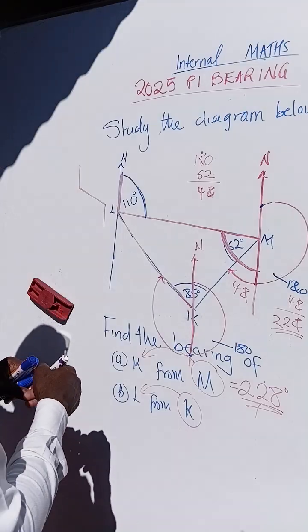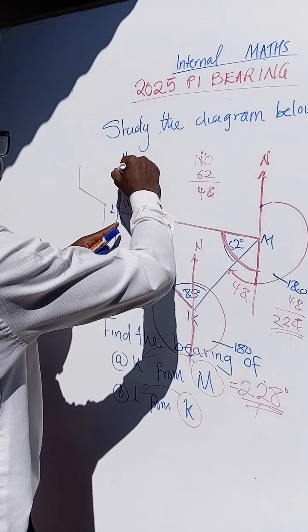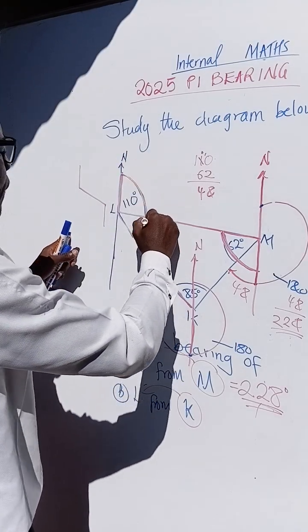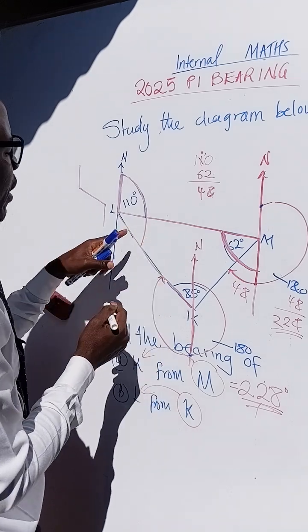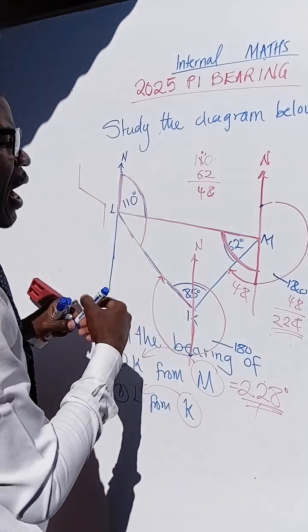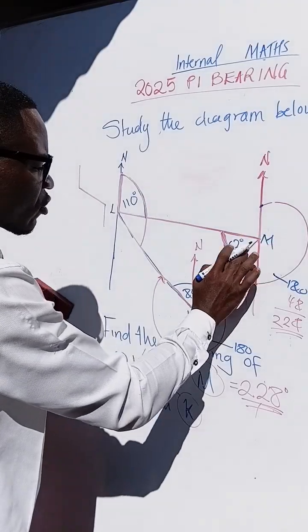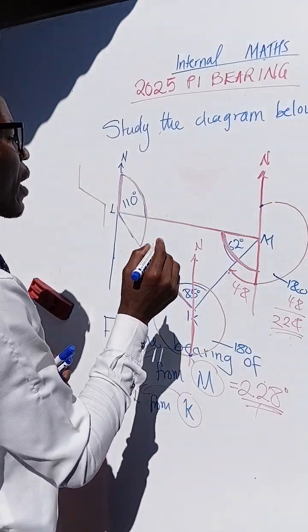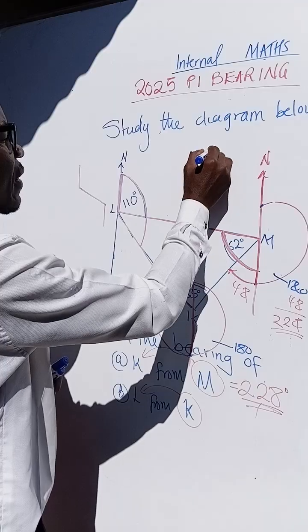Okay, so we are going to get the length from here to the whole part. So meaning we must know this angle. This is a triangle made up of 180.